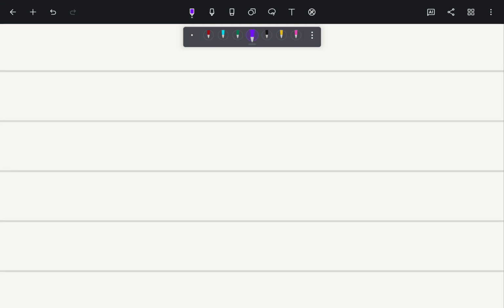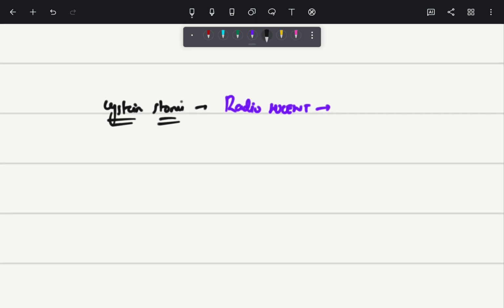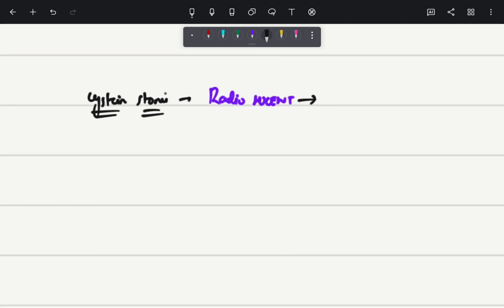Now finally we will talk about the cystine stones. Cystine stones are radiolucent. It means they will appear black in color when you take an X-ray, and not only that, they are acidic stones.